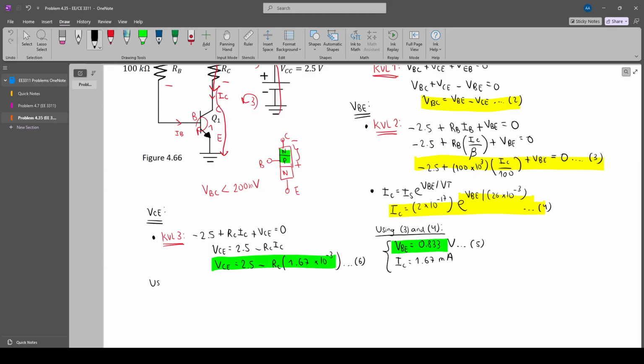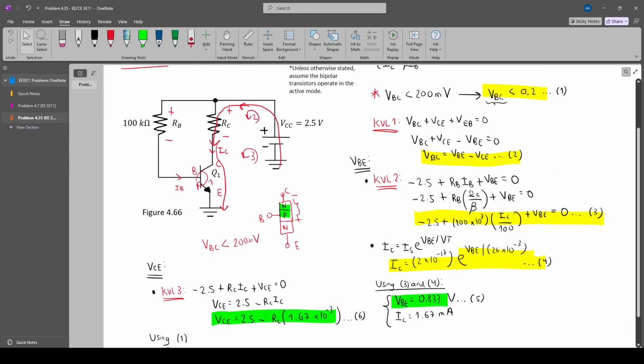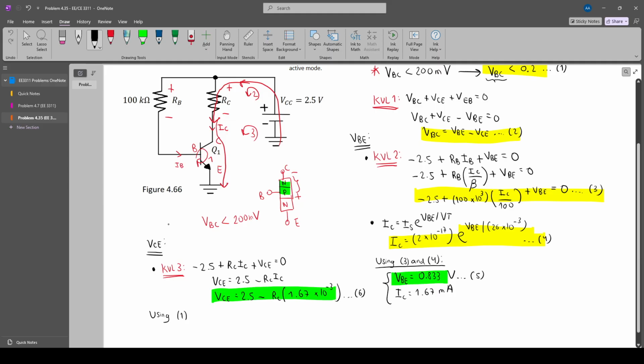So let's say using equation number 1, which is this expression, right? Expression 1, expression 2, this one, which is also necessary, expression 5, which is this variable, and expression 6, right?